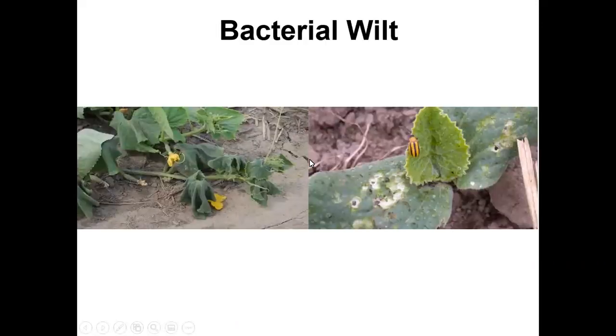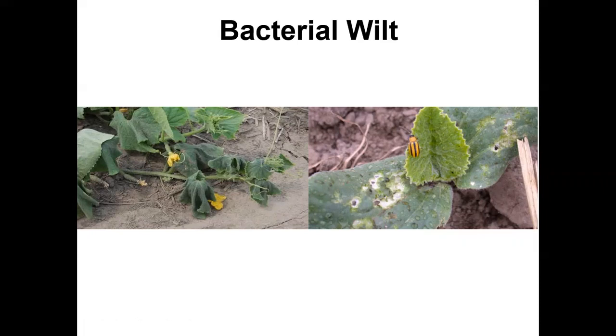Bacterial wilt is a bacterial disease that causes wilting, and it is transmitted by insects, namely the cucumber beetle. The bacteria overwinter in the gut of the beetle, and as they feed and defecate, the feces mix with the natural moisture on the leaf and enter the cut area where the beetle has been feeding, and the bacteria colonize the vascular tissue of that plant.